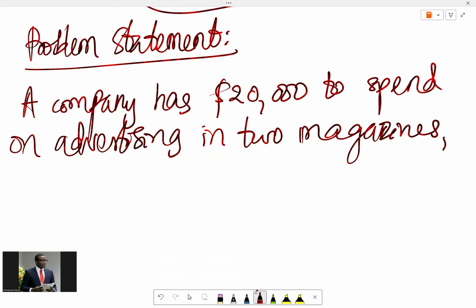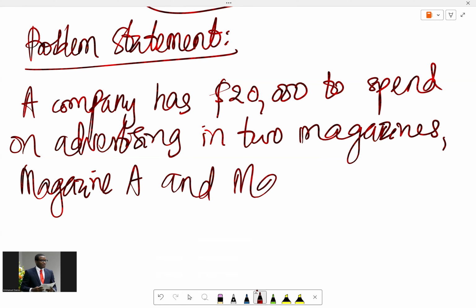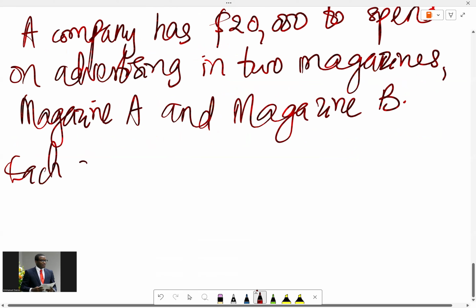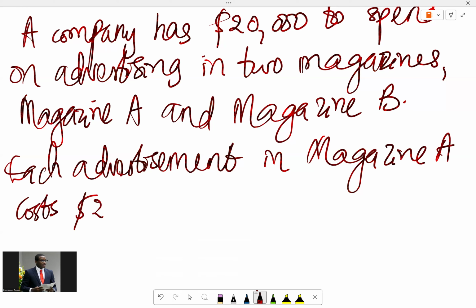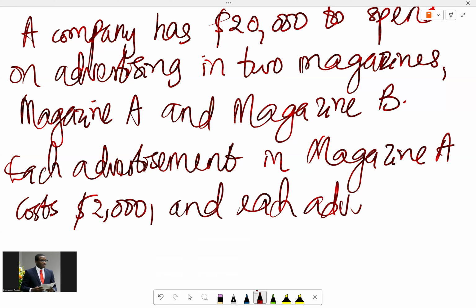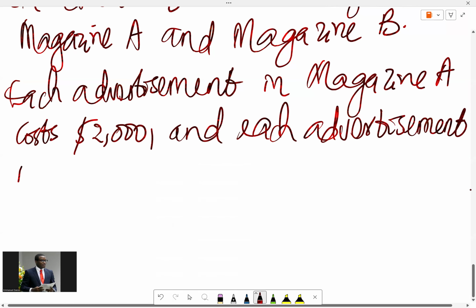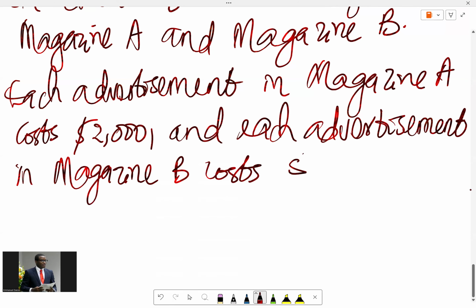The two magazines are magazine A and magazine B. Each advertisement in magazine A costs $2,000, and each advertisement in magazine B costs $3,000.